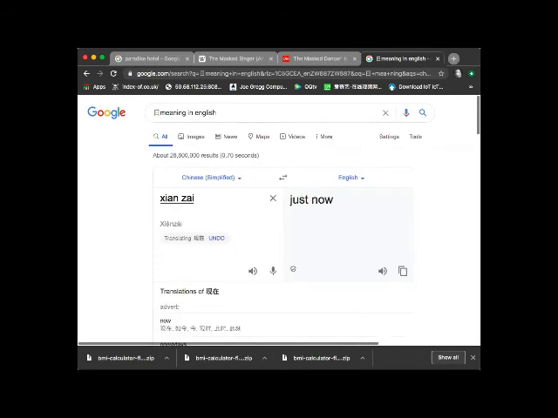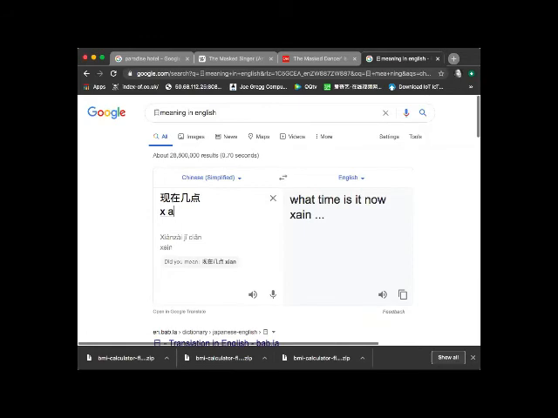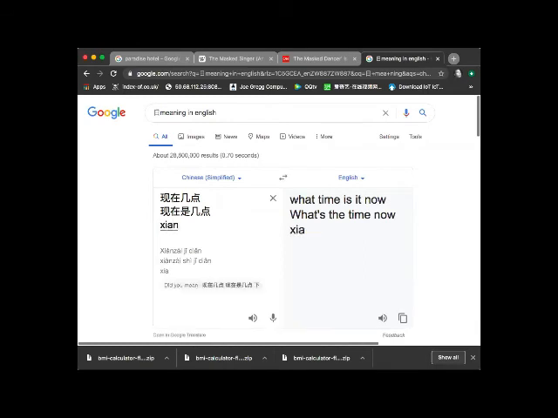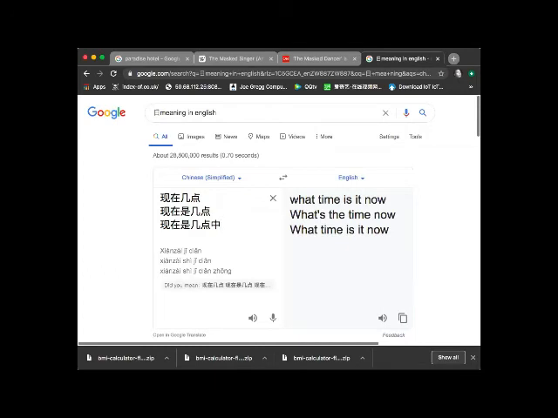现在几点? The first one. 现在是几点? That's the second one. 现在是几点钟?